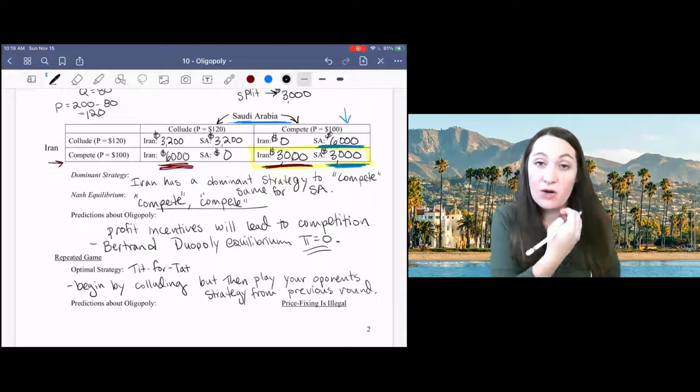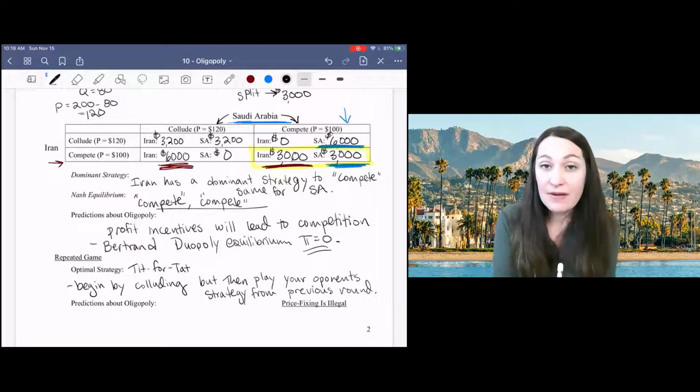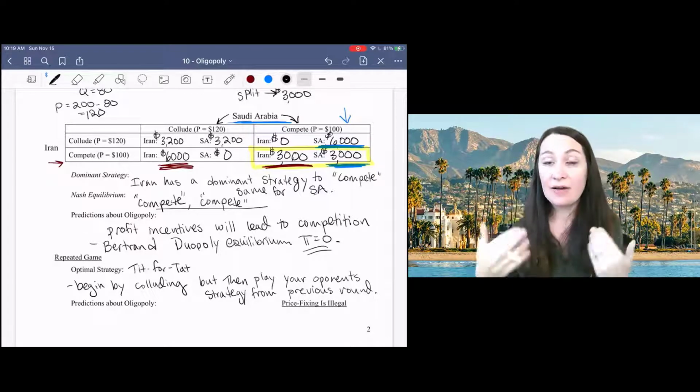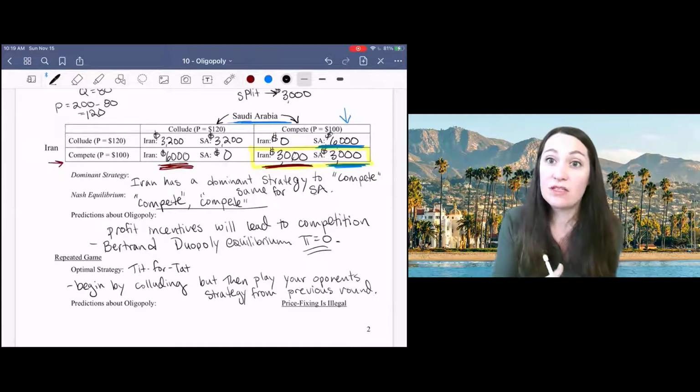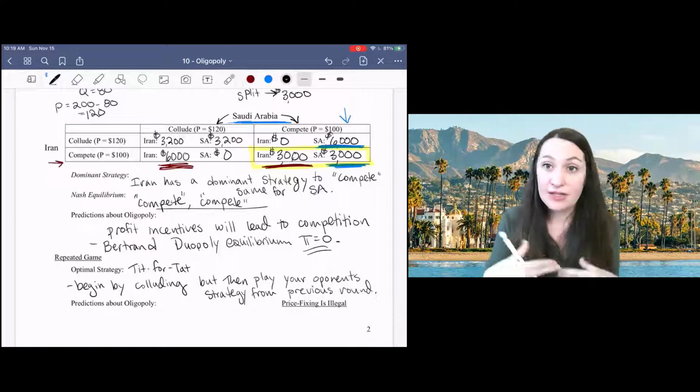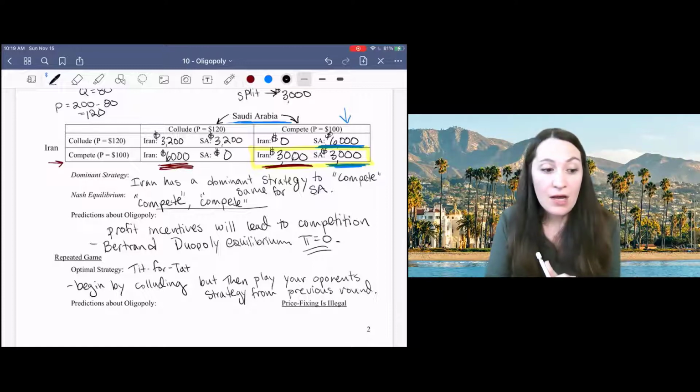Okay, so basically I begin by colluding, but then I only continue to collude as long as my opponent is colluding. As soon as my opponent begins to compete, I would start to compete as well.